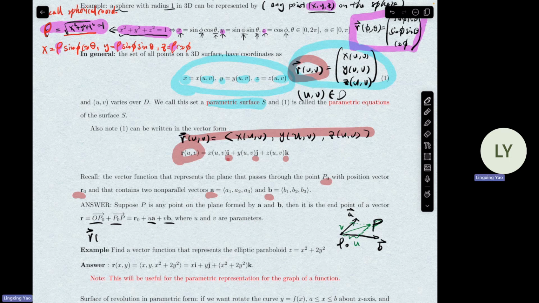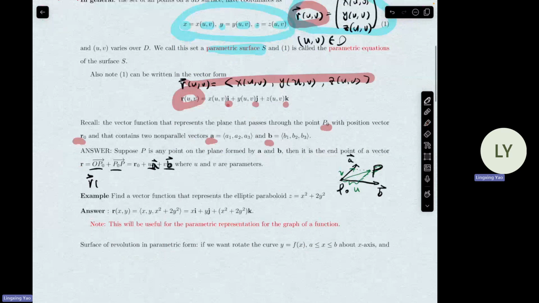So this should be what we have for the representation of this plane. I mean any point on the plane. Okay, so this is the one example, and how about the others?